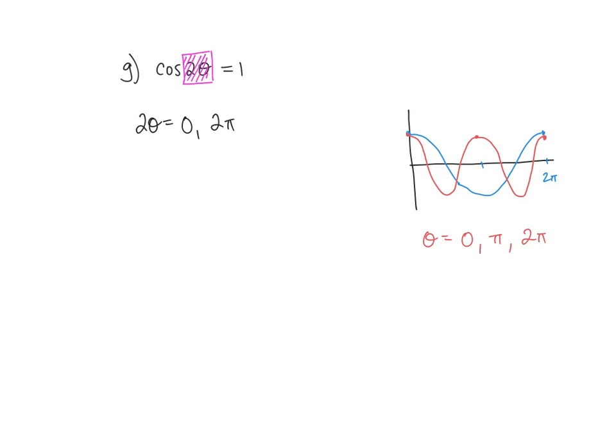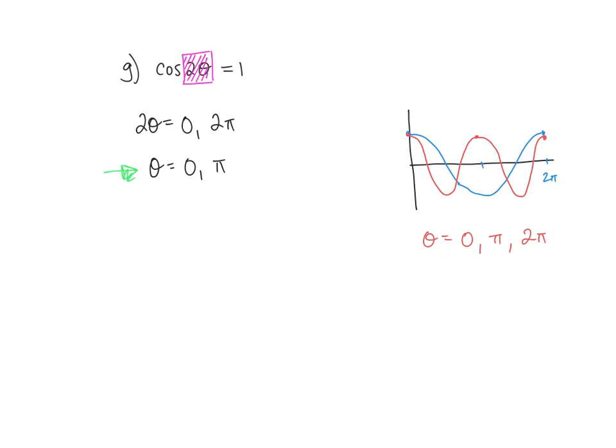Then what we would do is we could cut that in half because now we've dealt with our angle. And you'll notice I cut each of those in half and I would get 0 and pi. The problem becomes, as you notice from our picture, that my final answer of theta should also have a 2 pi in it. So how can we take that into account?